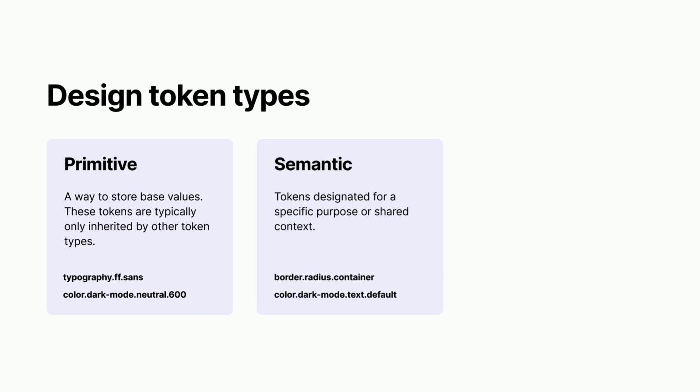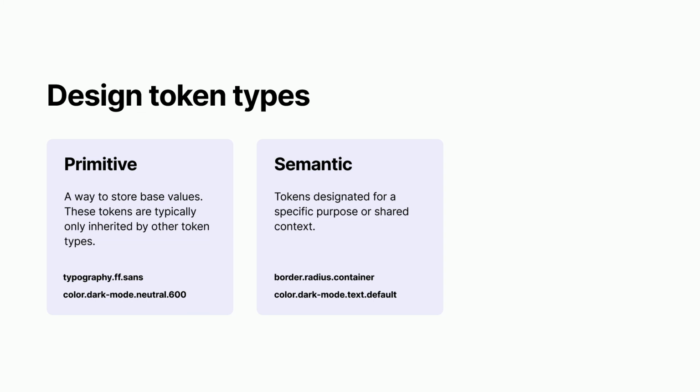The second one is semantic. And these are tokens designated for a specific purpose. And most of your token usage should live here. So my first example I'll talk through is border, radius, container. So it's a border, that's the category. Radius is the property. And container is like a special designation. It's the semantic type.